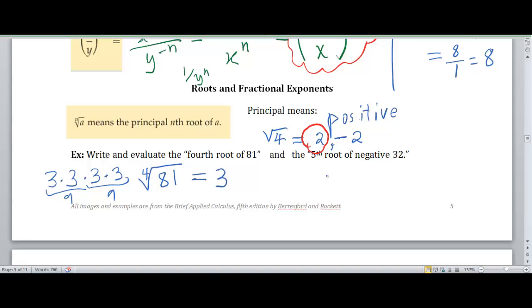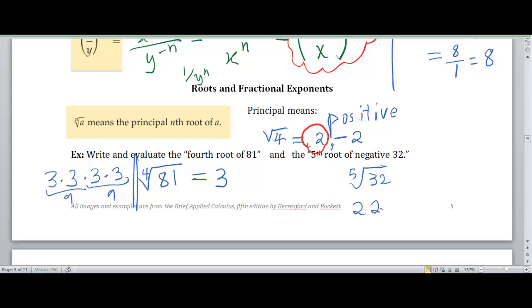Fifth root of negative 32. Okay, so the fifth root of negative 32. You want to think to yourself, let me try 3. Well, I know 3 is going to be too big, so it can't be 3. 1 can't work because 1 to the fifth power is 1. So maybe let me try 2.